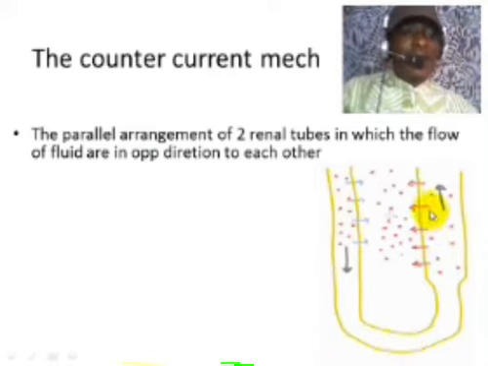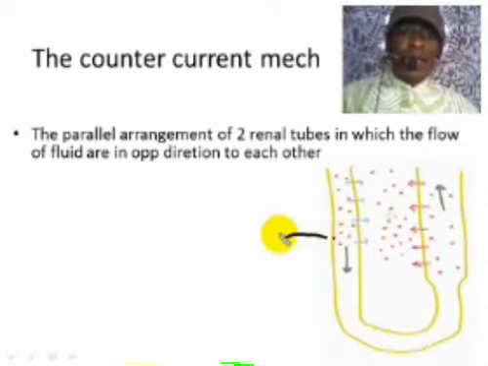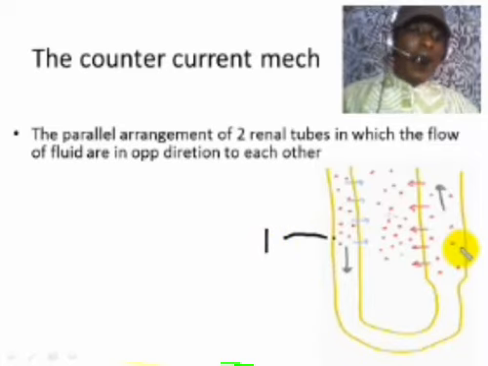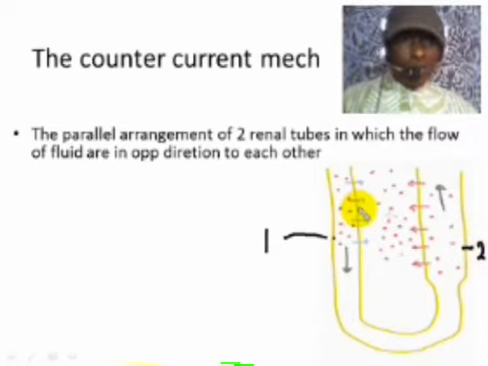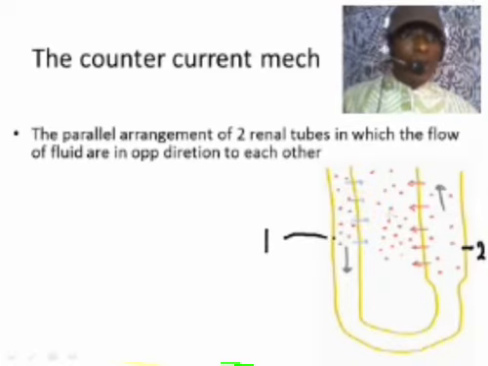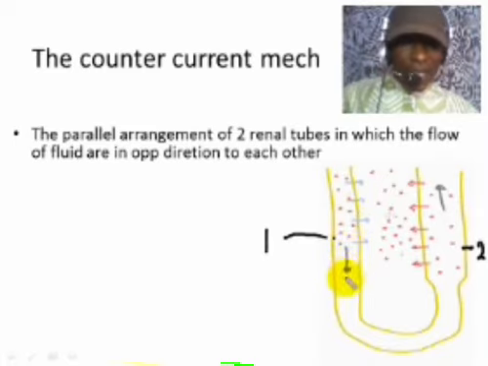This is an example of two parallel tubes. Alright, this is tube 1 and this is tube 2. Okay, these are two tubes which are parallel to each other. Now the direction of the arrow here indicates the flow of fluid in tube 1 and tube 2.